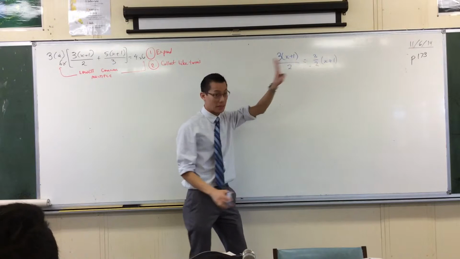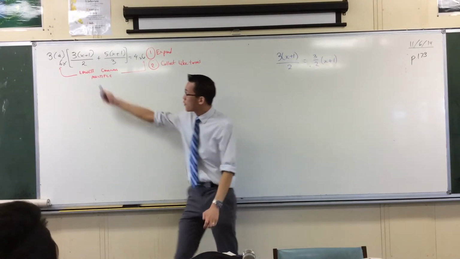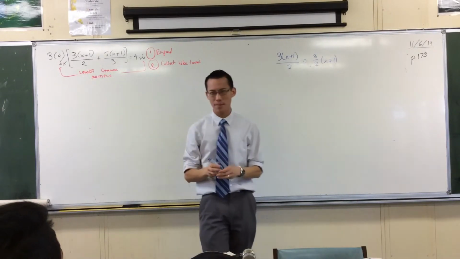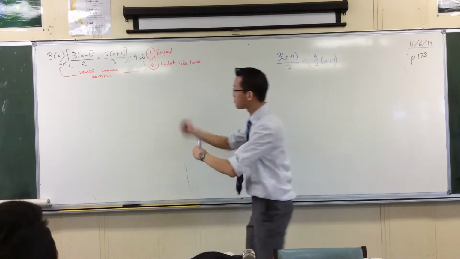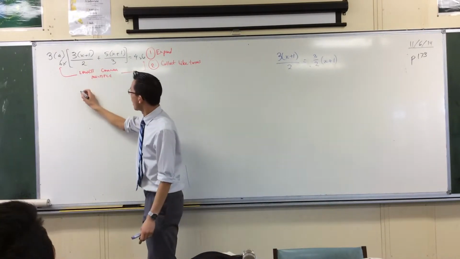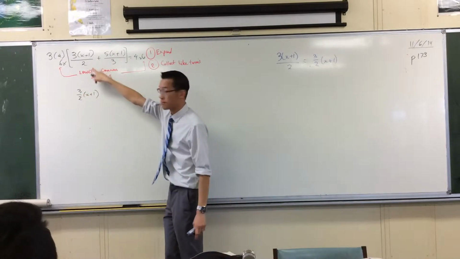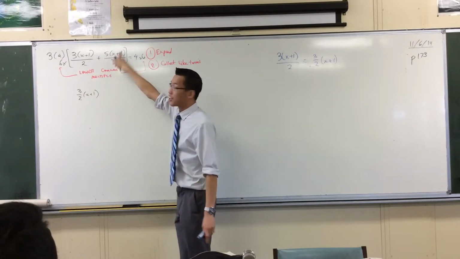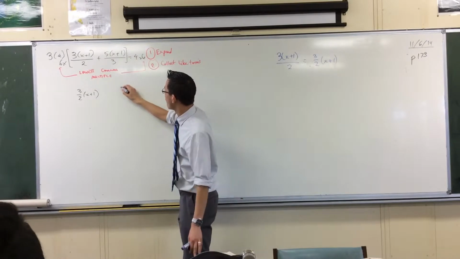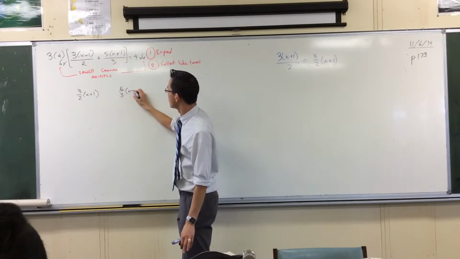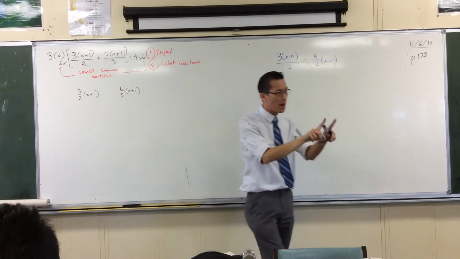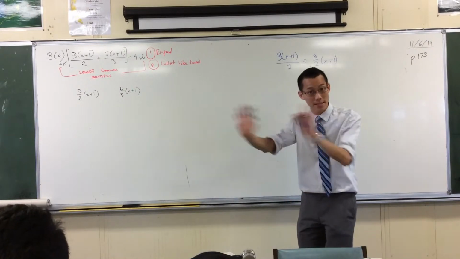I'm still dividing it by 2, okay? So therefore, I'm going to write it like that. It's going to make it a little simpler for me, as you'll see in a second, okay? So what I've got is that 3 over 2 times x plus 1 there. That's over there. I'm going to do the same thing here, so I'm going to get 5 over 3 times x plus 1, okay?